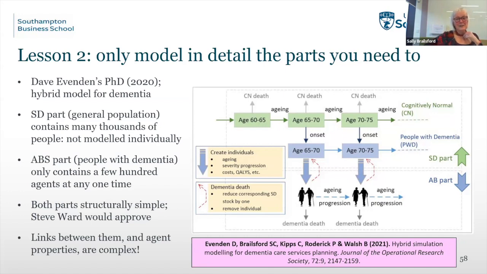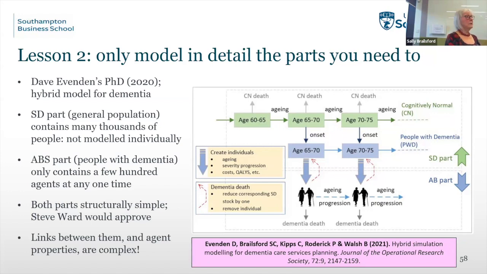Yeah, okay. But so his model was looking at basically Alzheimer's, and the top part here was a sort of aging chain, a standard thing in SD, where you weren't interested in individuals, you just wanted the population level. But once people had the onset of dementia, so this is not necessarily being diagnosed, but actually the onset of dementia, then they moved into the agent-based part of the model, and so the agents were created.